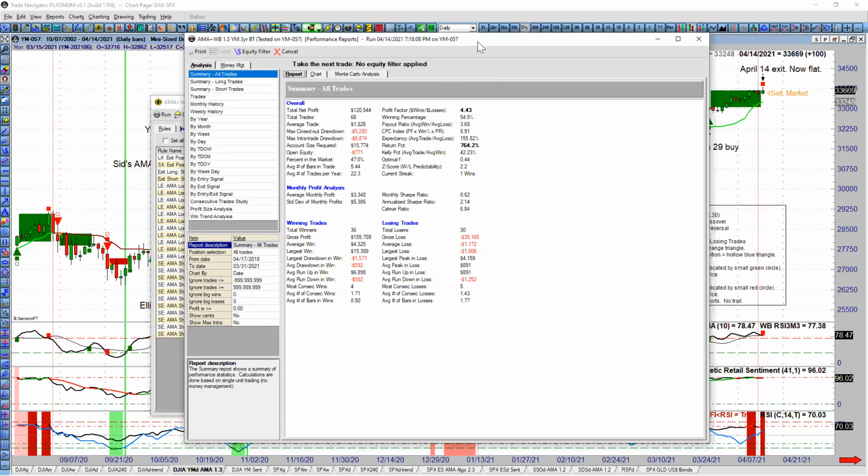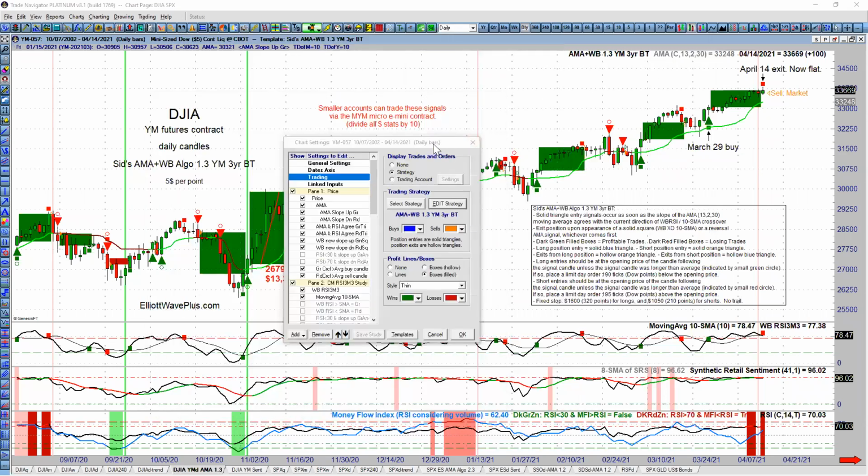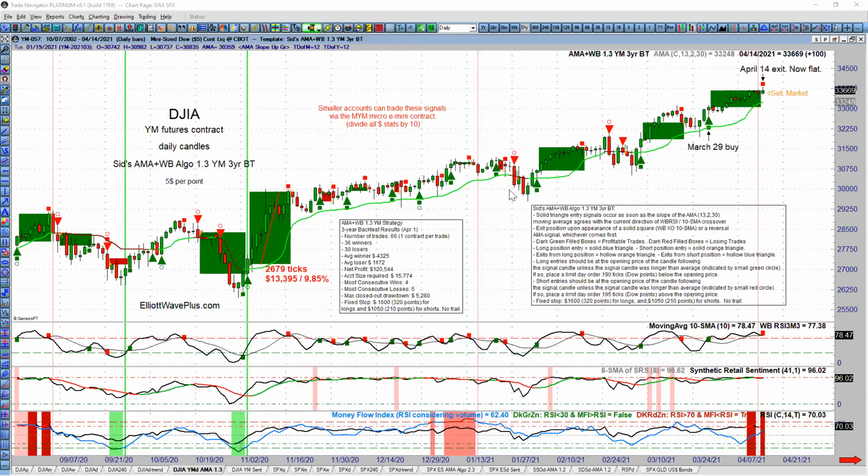And I can tell you, I've been doing this long enough to know that the way I designed this algo is really easy to understand. And that is that you're not always going to have strong momentum. You're not always going to have strong momentum, like this period right here from about mid-November until early February was a particularly difficult period for auto trading.